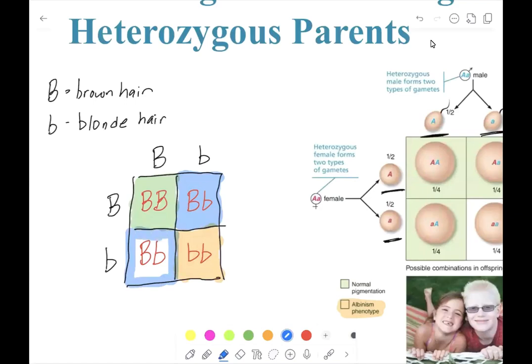So the genotype is 25, 50, 25, but the phenotype is always going to be 75 to 25. That's because 3 out of 4 of them are going to express brown hair, and 25%, 1 out of 4, is going to express blonde hair.